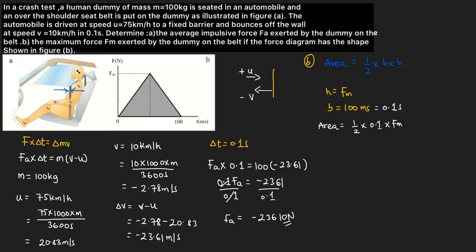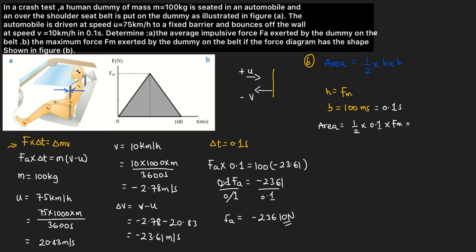And then we know the impulse to be the change in momentum, right? Or we can multiply the average impulsive force by the change in time to get the impulse. We can do any of those two. So the area will be equal to the impulse. I told you that there are two ways to find the impulse.